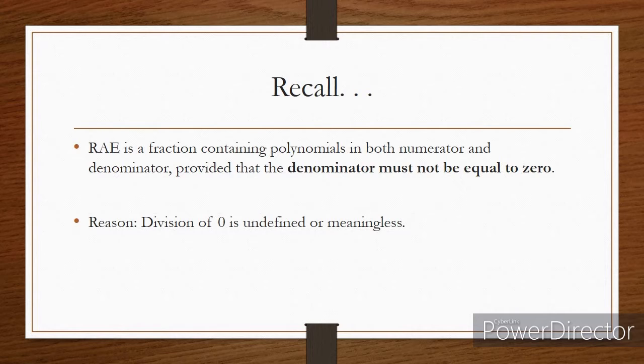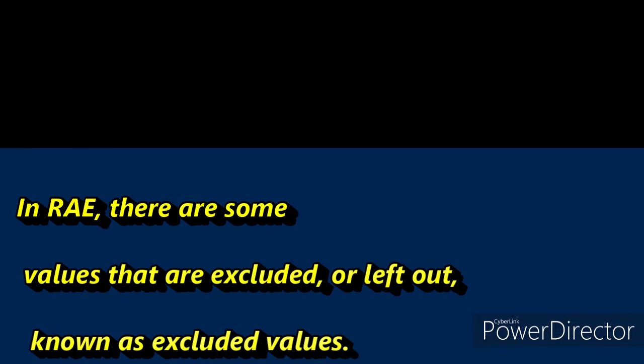It's because division by 0 is always undefined or meaningless. Kahit na gumamit pa kayo ng calculator, tapos i-divide nyo sa 0, ang lalabas doon ay undefined or error. In RAE, there are some values that are excluded or left out, known as excluded values.